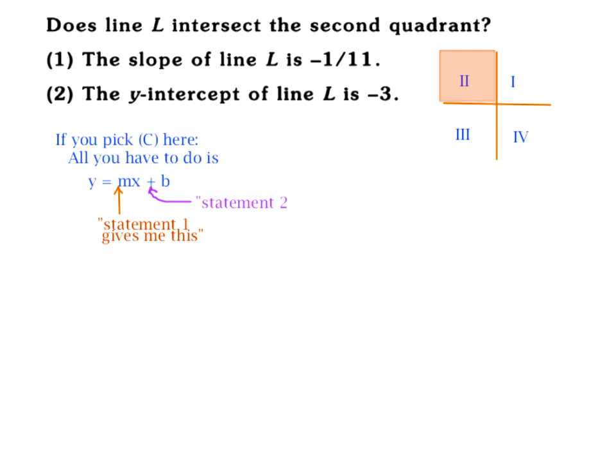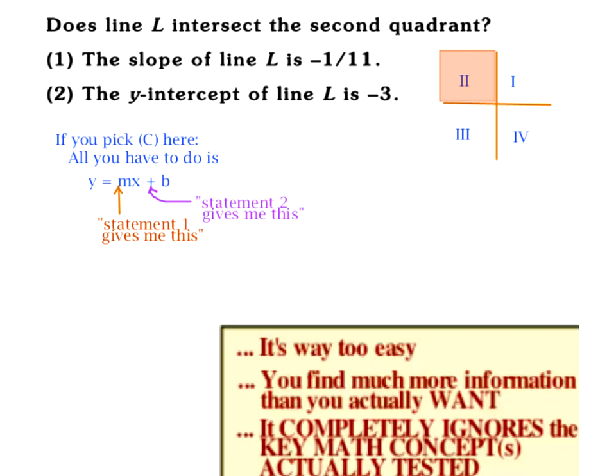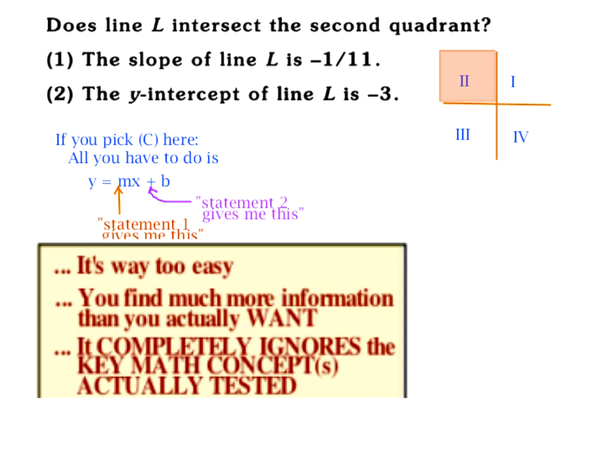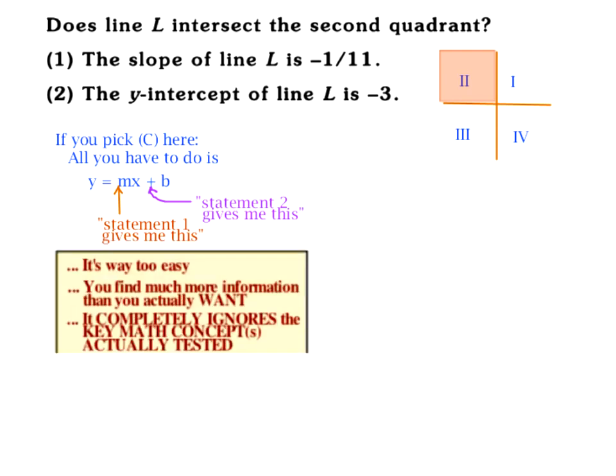So you're saying statement 2 gives me this. So again, let's take a look at our checklist of, oh boy, C is a trap. And let's see what is up with that. Well, way too easy, more information than you actually want, and completely ignores the key math concepts that are actually tested. Way too easy, sure it is, right?